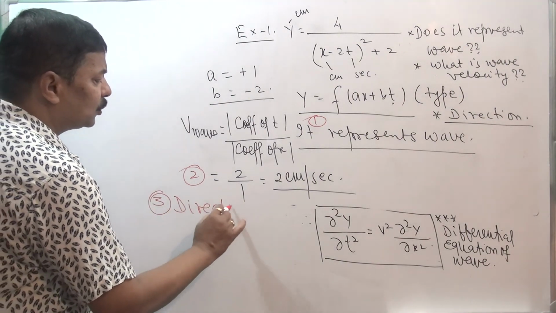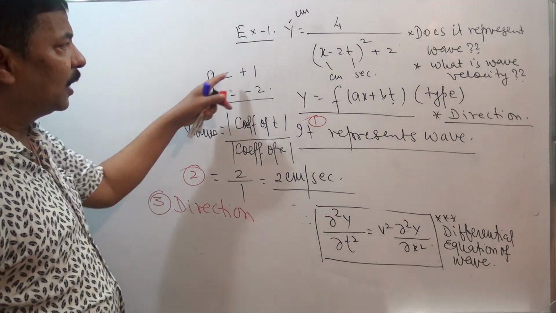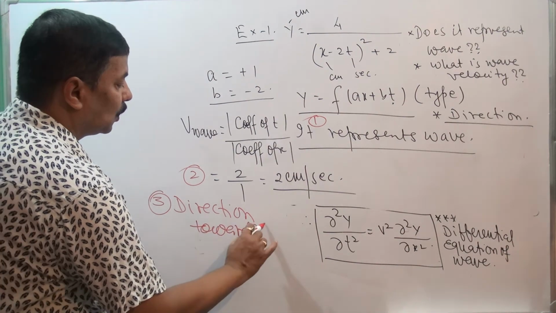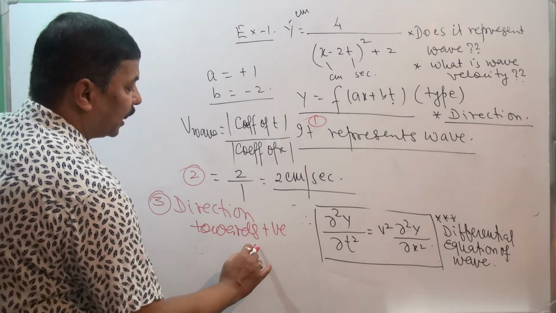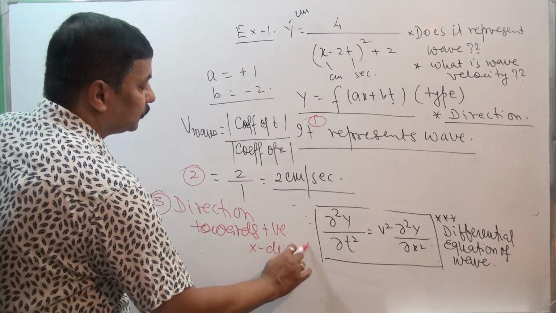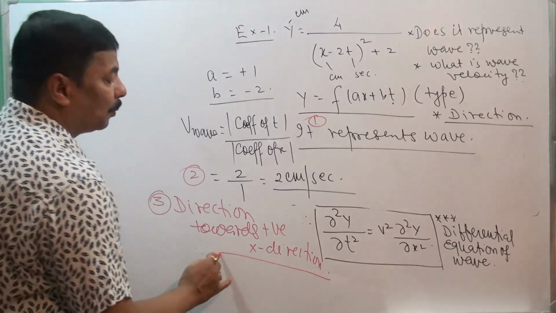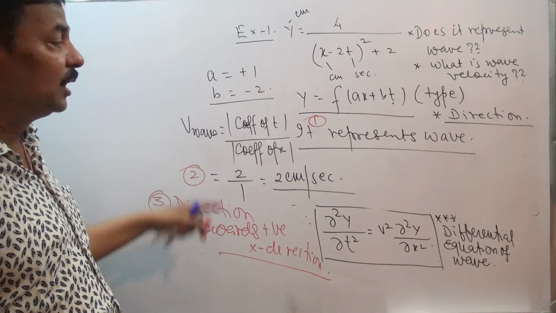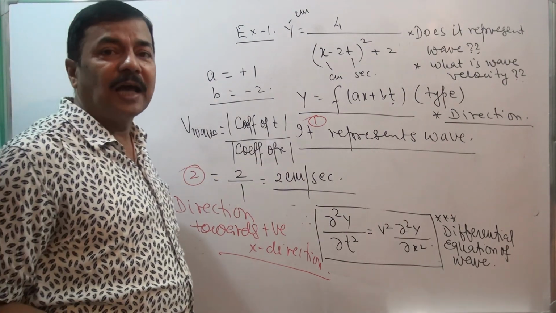Direction is opposite, so direction is towards positive x direction. It is moving towards positive x direction. Why? Coefficient of t and coefficient of x have opposite sign, as I told you.